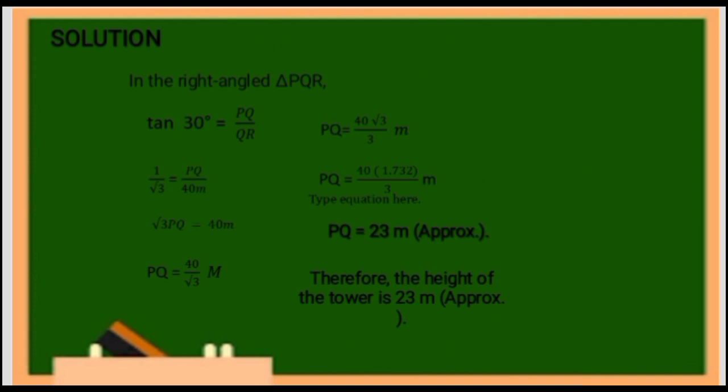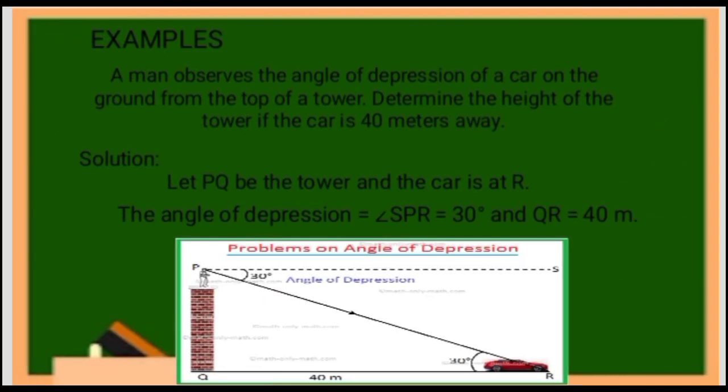So we will substitute the values. So we have tan 30 is equal to 1 over square root of 3 is equal to, since PQ here is unknown, so copy the PQ.